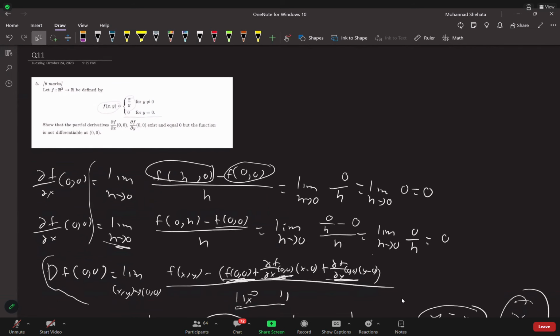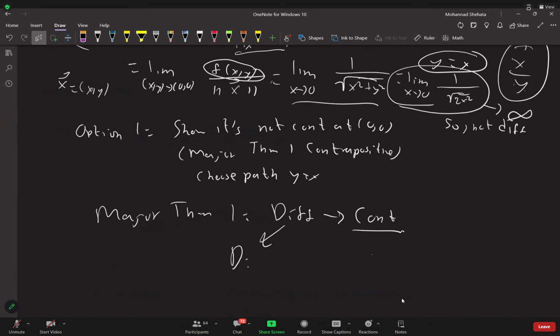And in fact, if you approach it along the line y is equal to x, the limit will be 1, right? But 1 does not equal 0. So even if the limit existed in the best case, it would still be not continuous. This is why by major theorem 1, we say it's not differentiable. Does that make sense?